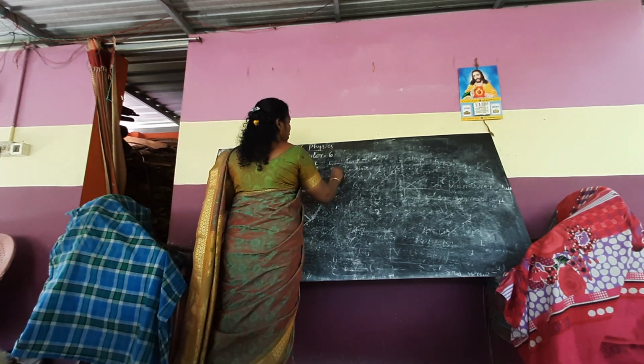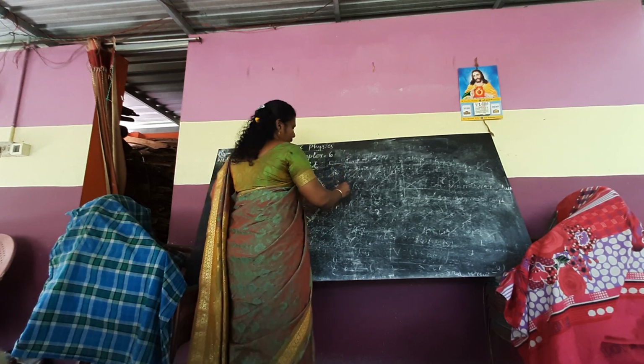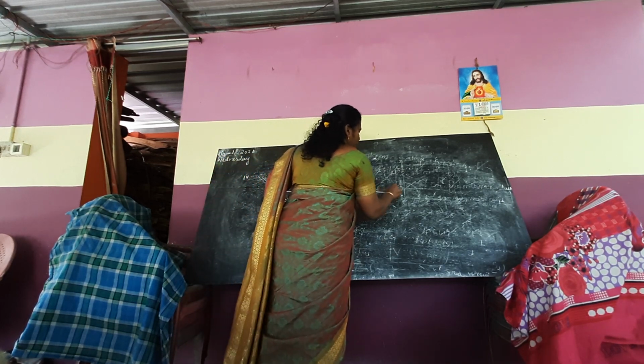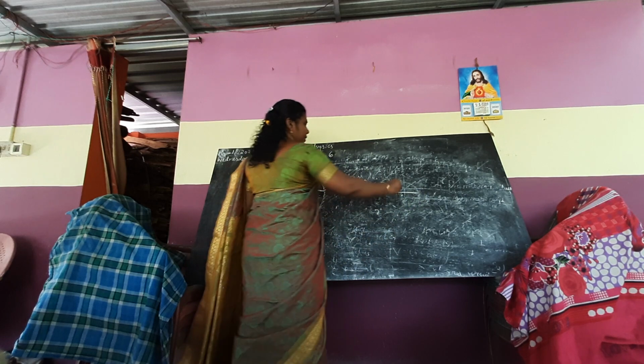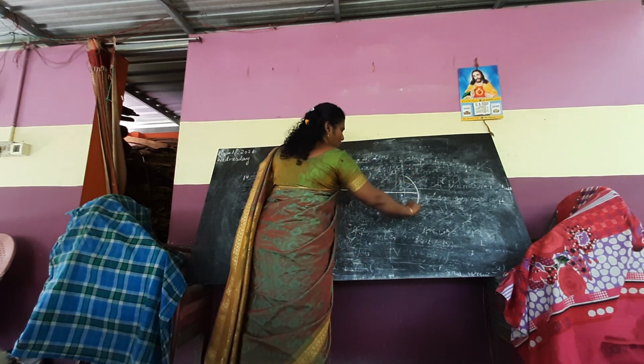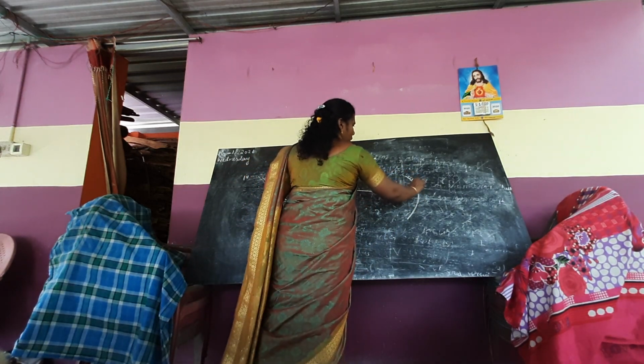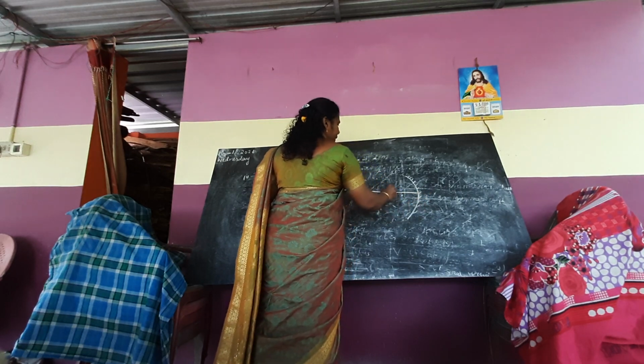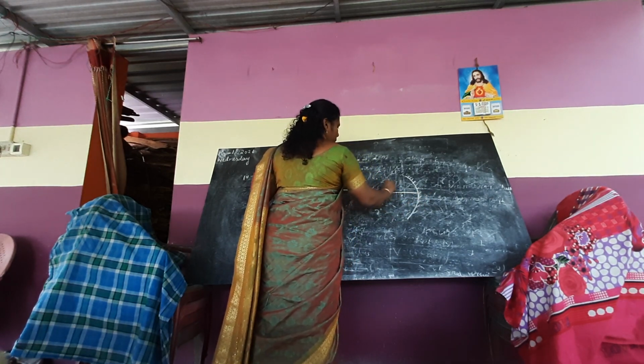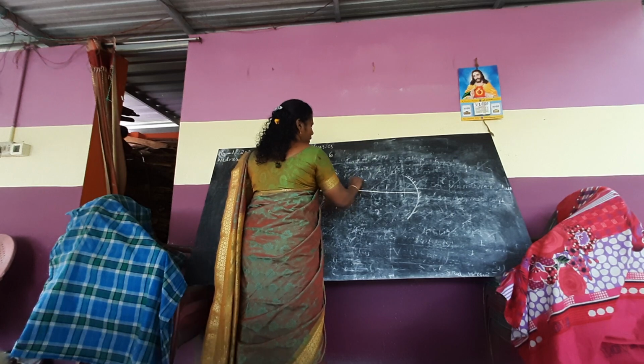Then the second rule. Draw a principal axis, then draw the same concave mirror, with the principal focus and center of curvature.